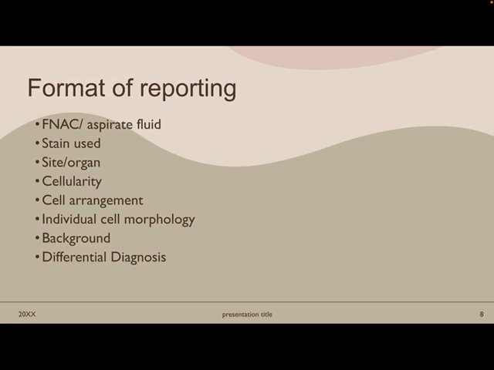And one important thing in cytology is the background, whether it is hemorrhagic, necrotic, clear, or you see any fluidic background or anything, whatever you see you can write. And then you have to write your differential diagnosis. So this is the approach in a cytology case.